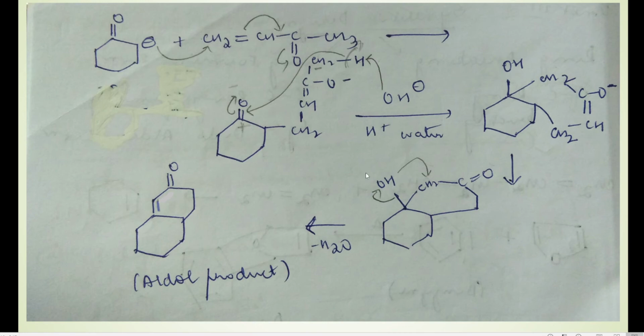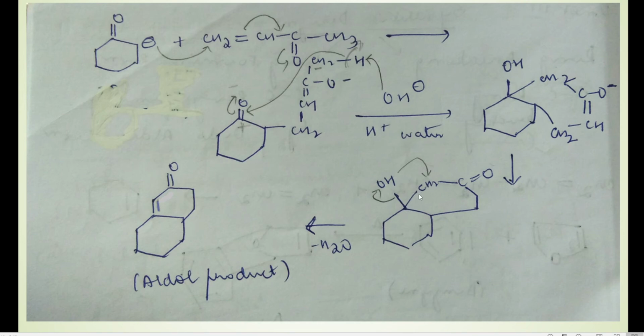Here you can see that there is elimination of water. OH minus will go from here and one H plus will go from here. So there is elimination of water. Since H plus is going, this carbon will get a negative charge, and since this OH minus bond is breaking, this carbon will get a positive charge. Therefore, there's a new bond formation.